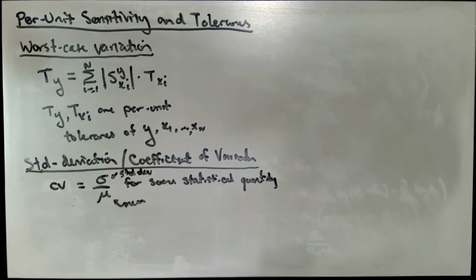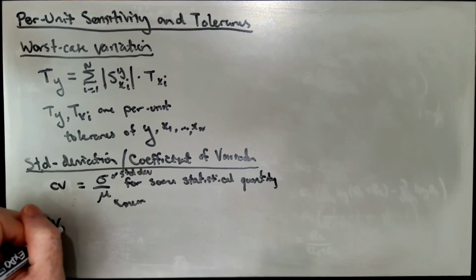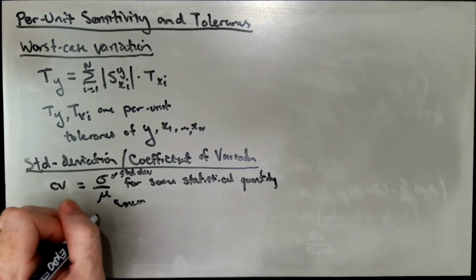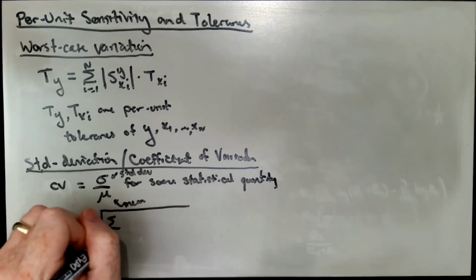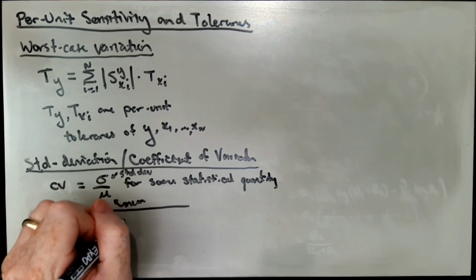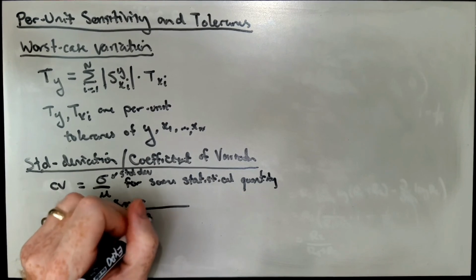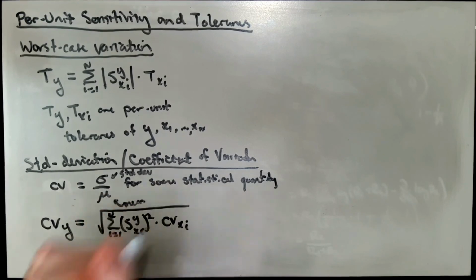So this is not a course on probability and statistics. We're basically just going to state some results, but what we would find is the coefficient of variation for our parameter of interest y is going to be equal to the square root of the sum from i equals 1 to n of S_y,xi squared times the coefficient of variation of xi squared.